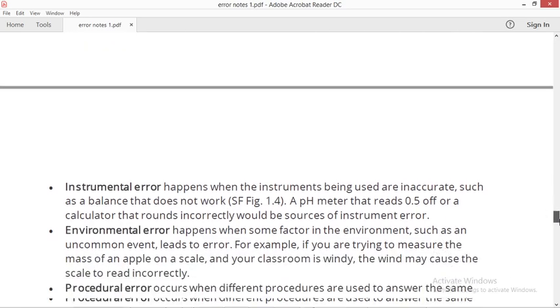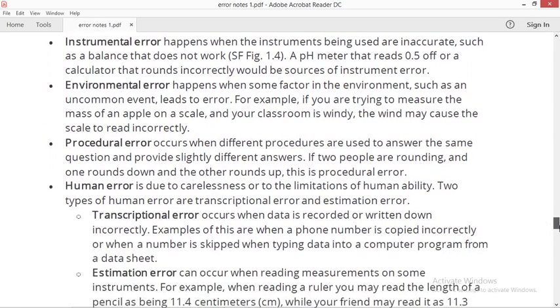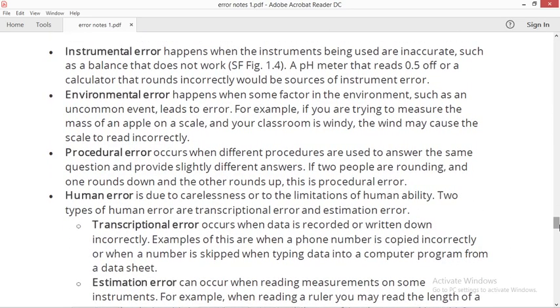Now let's have a look at all these types. Instrumental error. It is self-explanatory that instrumental errors will involve an instrument. Here you are helpless to avoid this kind of error because of the inaccuracy of the scaling that the instrument is using.